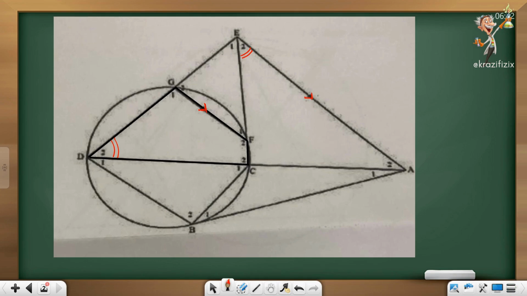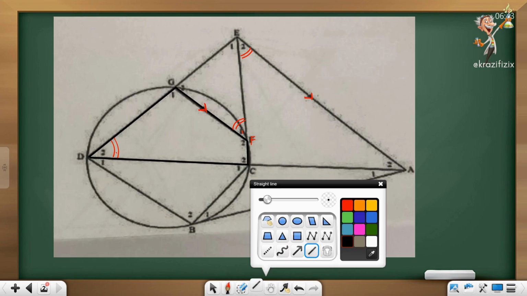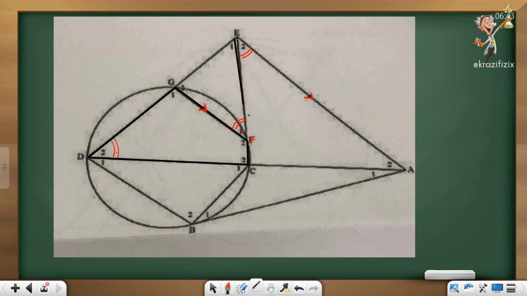Look at what I am going to do. I am going to first see what angle D2 is equal to. If this is a cyclic chord, angle D2 will be equal to that angle F1. That's F1 there. Why? Exterior angle of a cyclic chord, because that is a straight line. That line is an extended line.